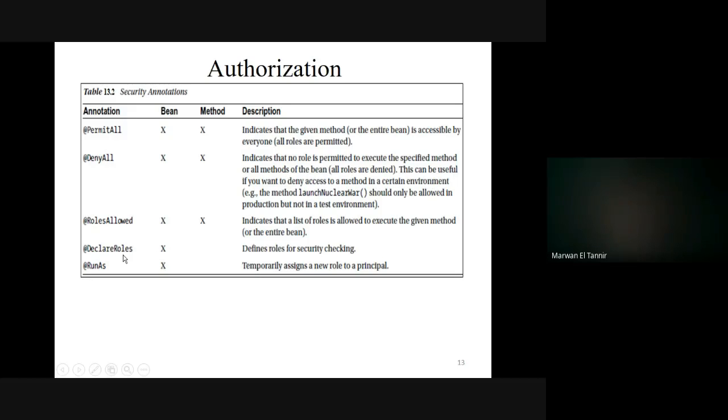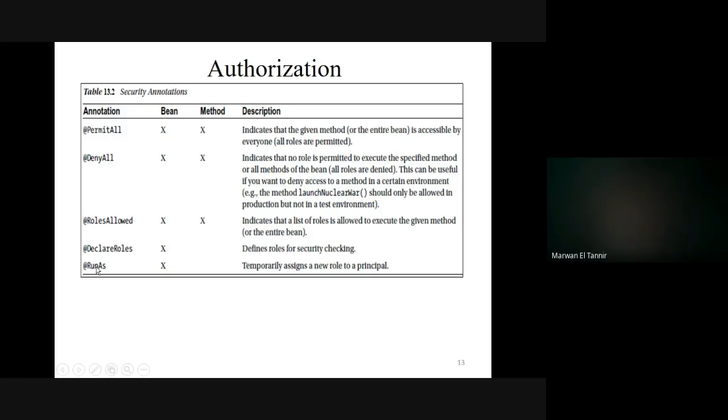The DeclareRoles annotation is used only for a bean. We define roles for a bean. Same with RunAs, it is an annotation for the bean only. You cannot use it on a method.